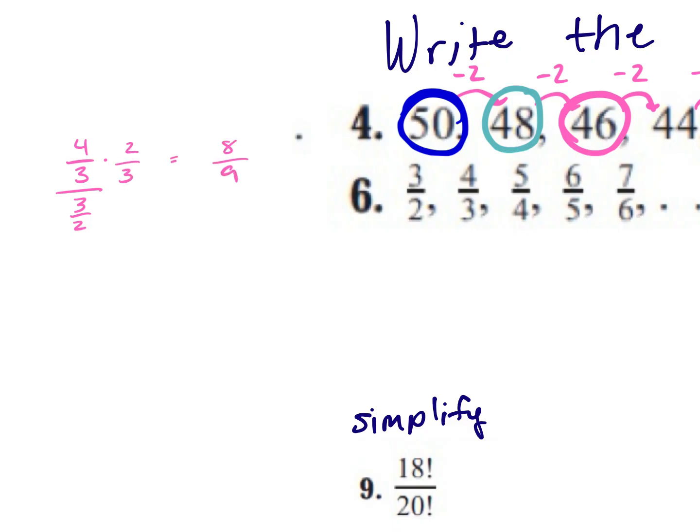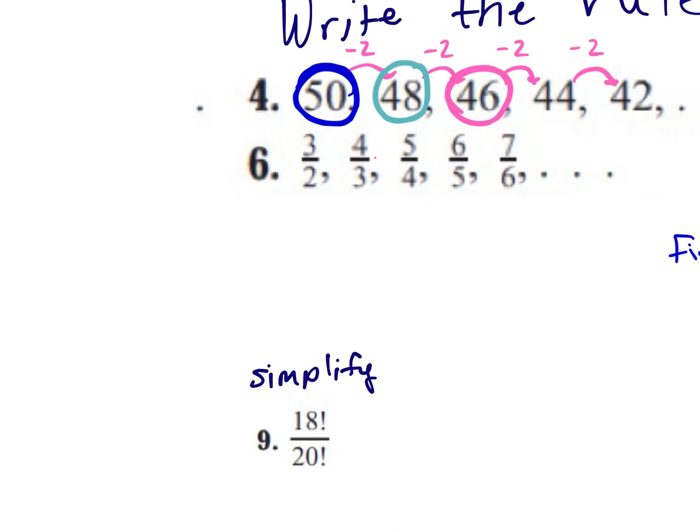If we multiply by 8 over 9, does that give us the next term? No, it's not geometric or arithmetic. So we can't really work it out. You'll get either a geometric or an arithmetic sequence. This one's neither.